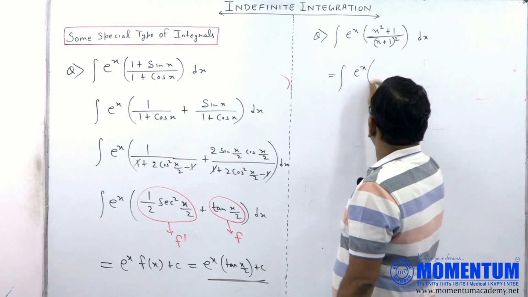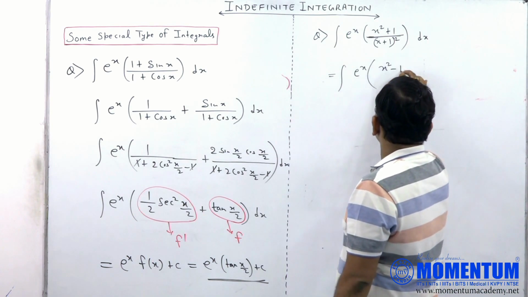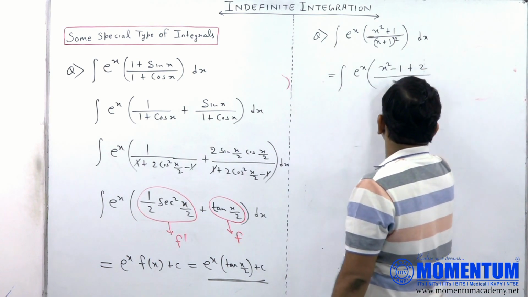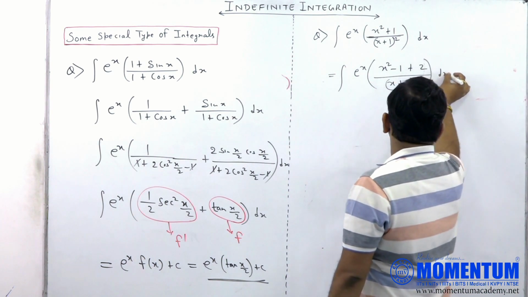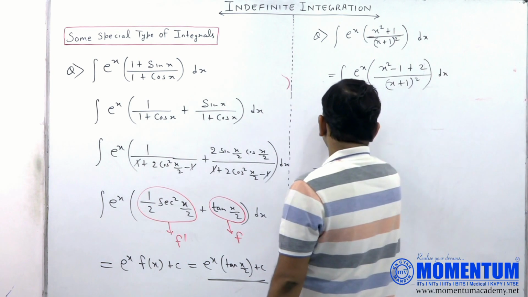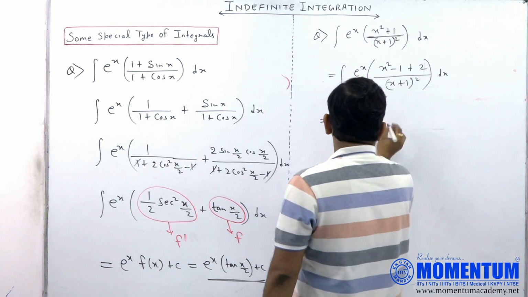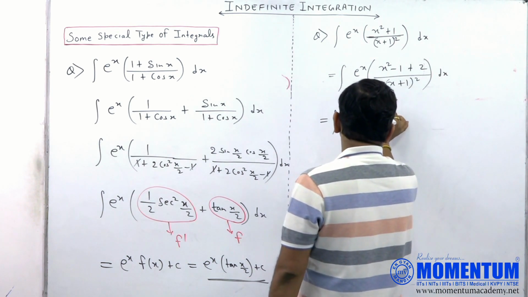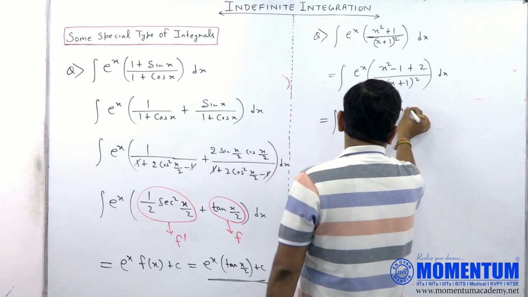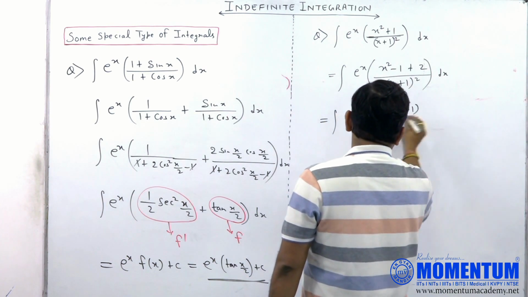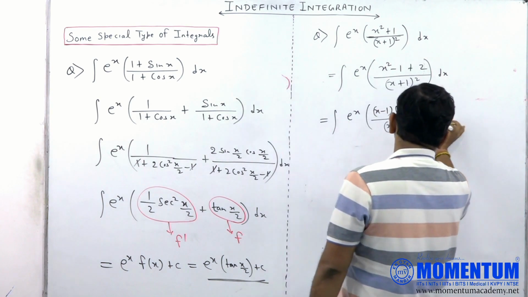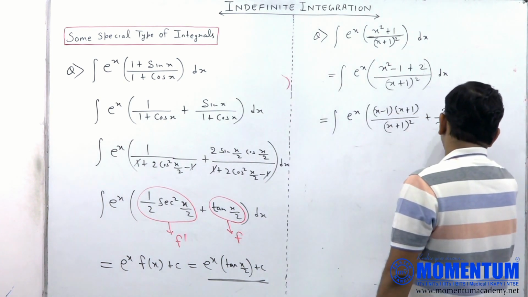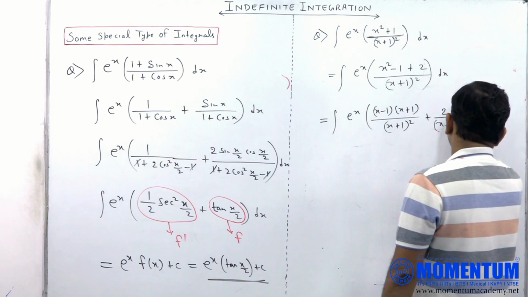In the numerator I am writing x square minus 1 plus 2, which is allowed. Now, e to the power x times x minus 1 times x plus 1 divided by x plus 1 whole square plus 2 upon x plus 1 whole square.